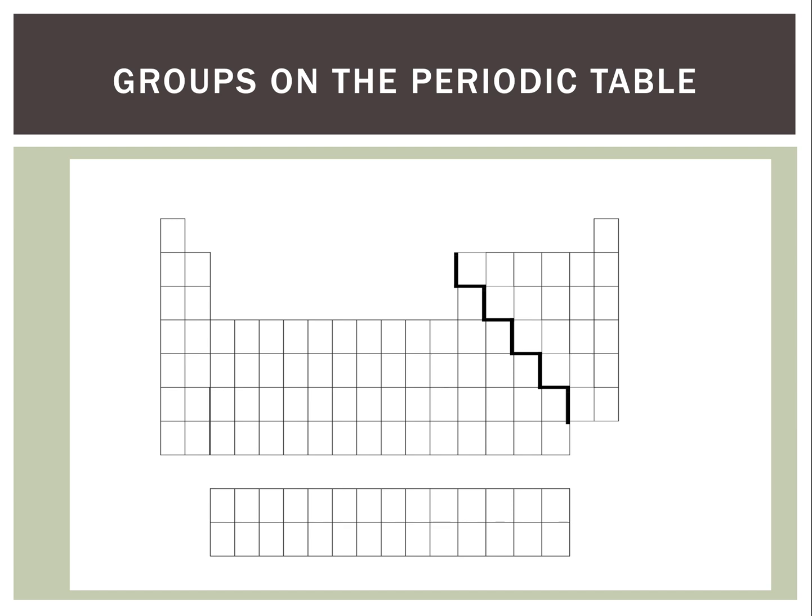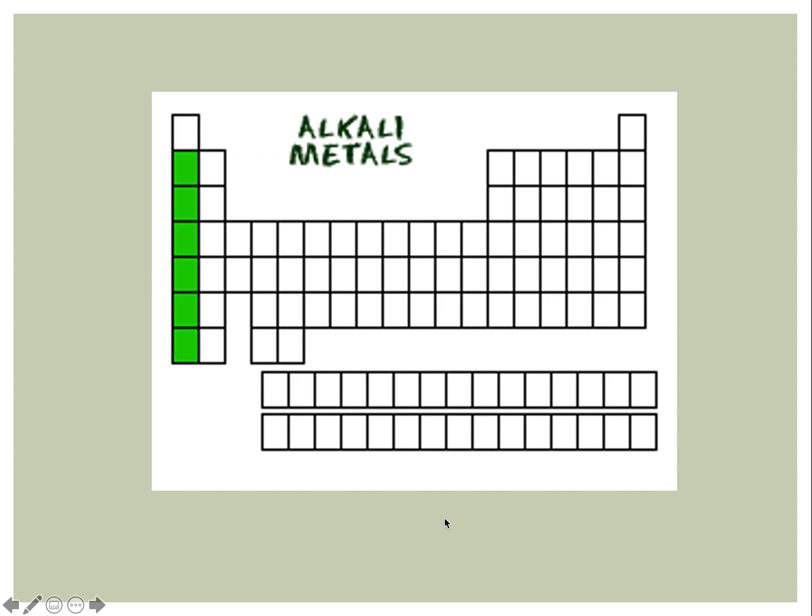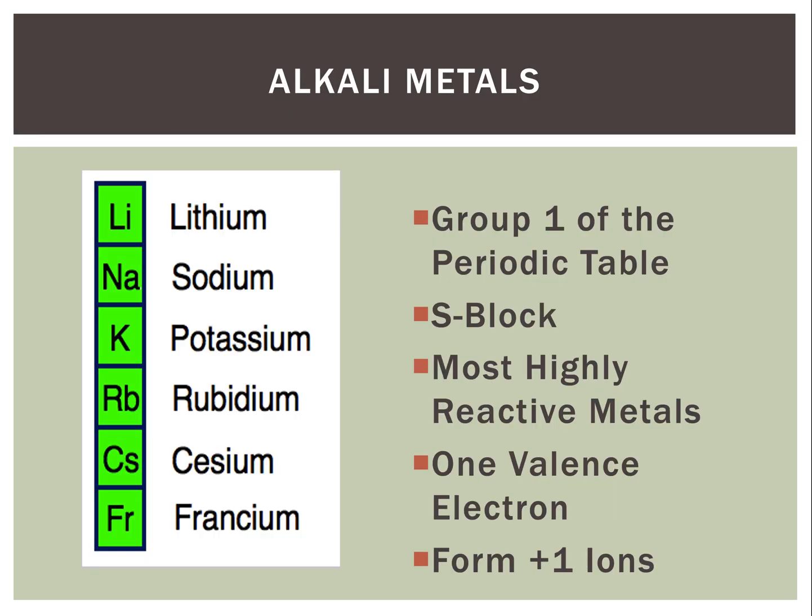So now a little bit more in depth here, we're going to look at specific columns on the periodic table, or chunks of columns. So group 1 are my alkali metals, and you can see here that hydrogen is not included in that. Hydrogen is a non-metal, but every other element in this column is an alkali metal.